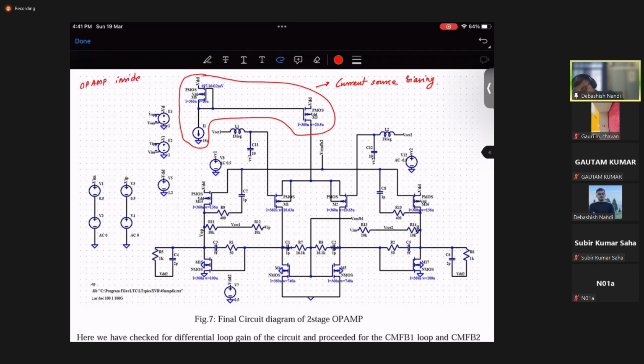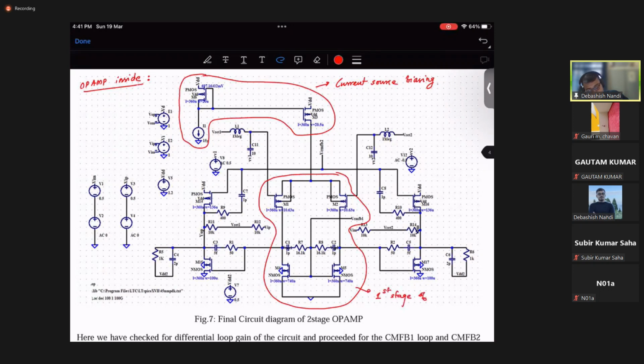So whatever we analyze with the ideal op-amp is just a very basic abstraction. Okay, so this is your biasing network. Now this is your first stage, the first stage of the diff amp, and this is your second stage, right?